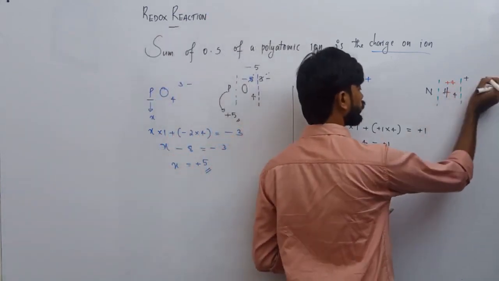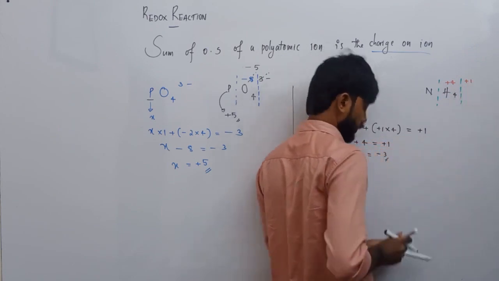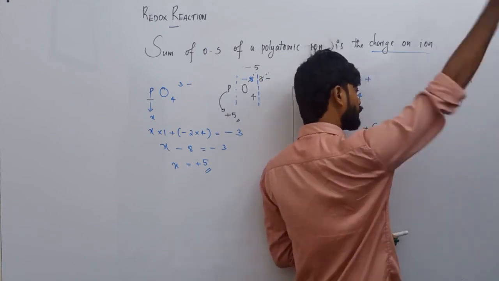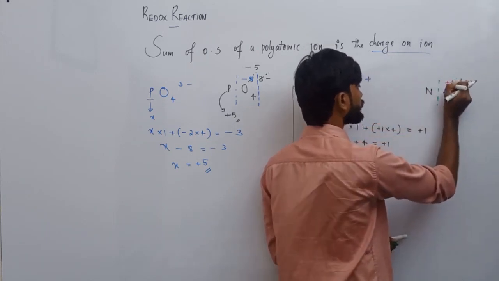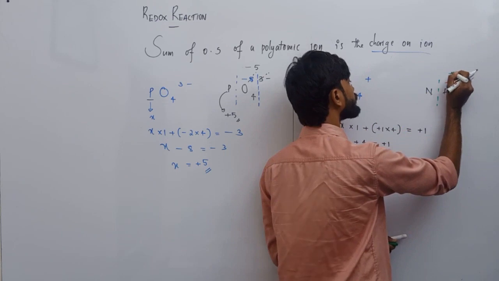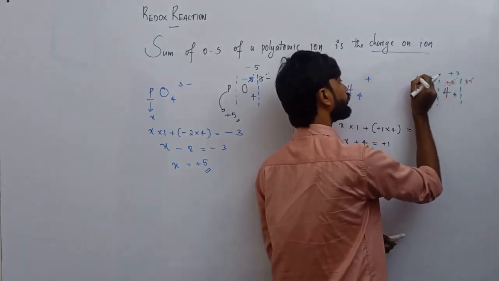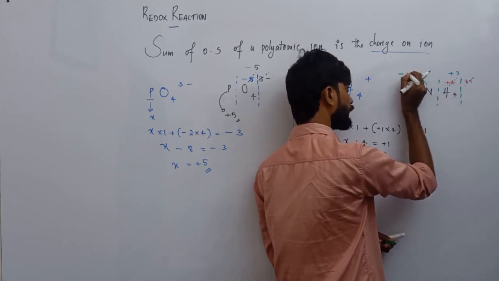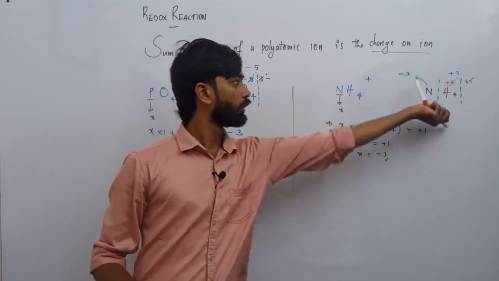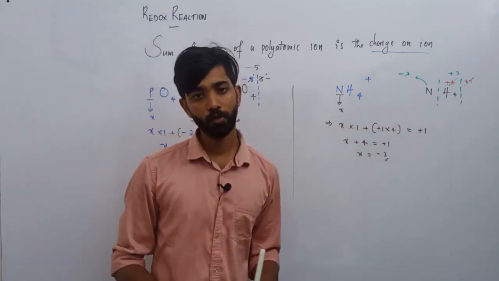Here the +4 is there, but the total is +1. So the remaining charge, you cut this, the remaining charge is +3. So here it will be -3. That's the idea.